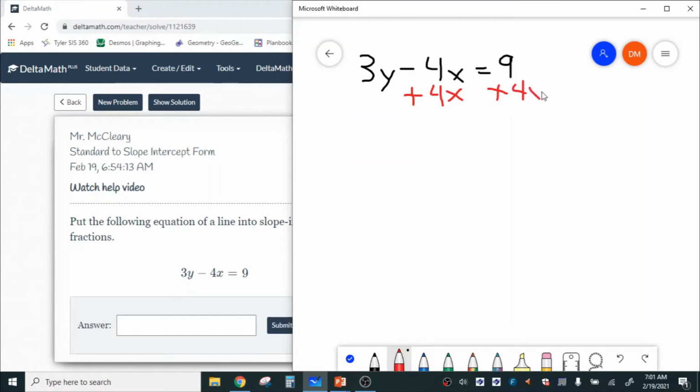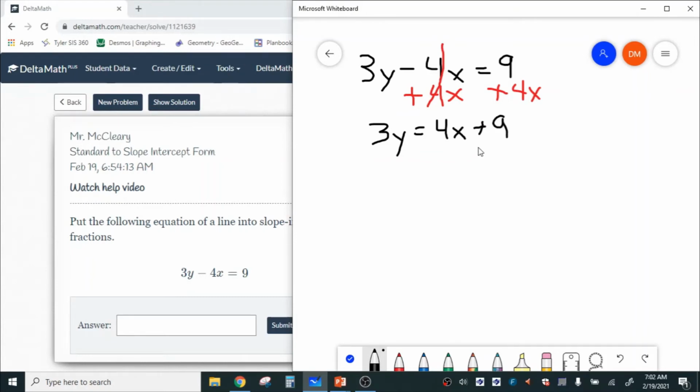And since we're doing it on one side of the equation, the rules of algebra say that we need to do that on the other side of the equation also. So these two terms are going to become a 0, and that just means that we're left with a 3y on the left side of the equation. And then on the right side of the equation, we're going to have this +4x, and we still have the +9. We haven't done anything with that yet.